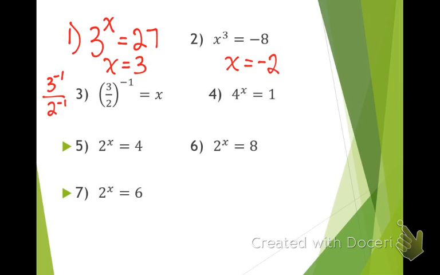And how do we make negative exponents into positive exponents? Moving them. So if 3 to the negative first is on the top, we would move it to the bottom, and the 2 to the first is going to move to the top. So we flip it. x equals 2/3.